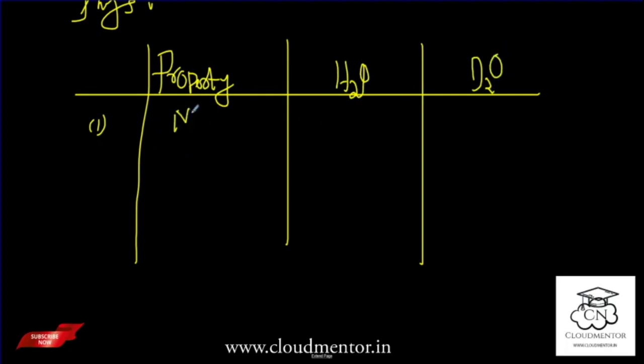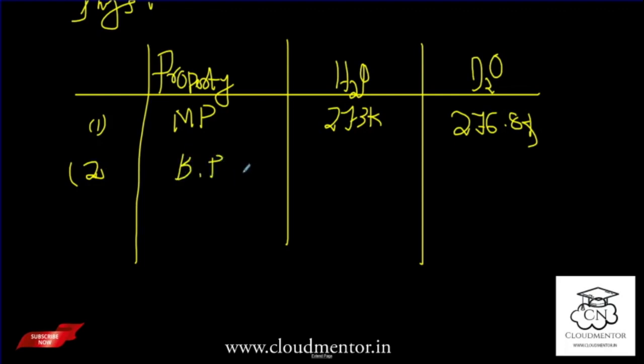The melting point is about 273 Kelvin for water, and for D2O, the heavy water, it is 276.8 Kelvin. The second one is the boiling point. For water it is 373 Kelvin or 100 degrees Celsius, and for heavy water it is 374.4 Kelvin.